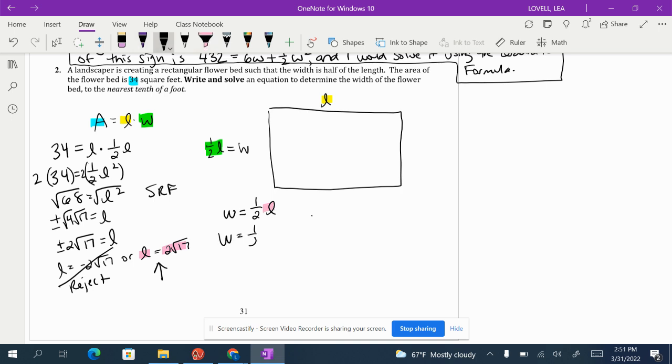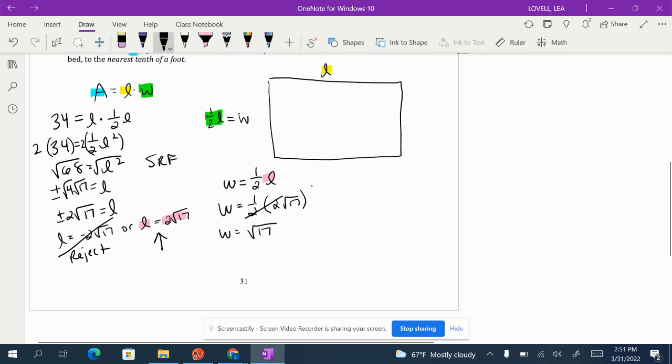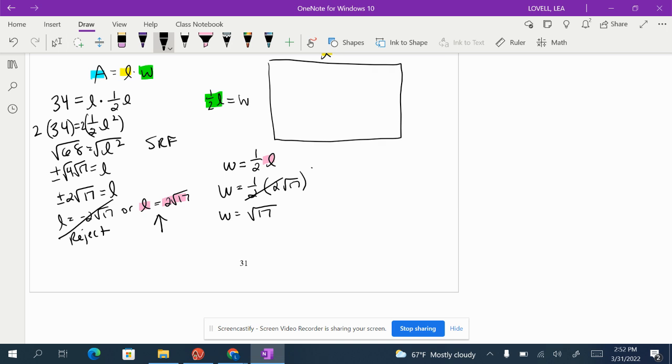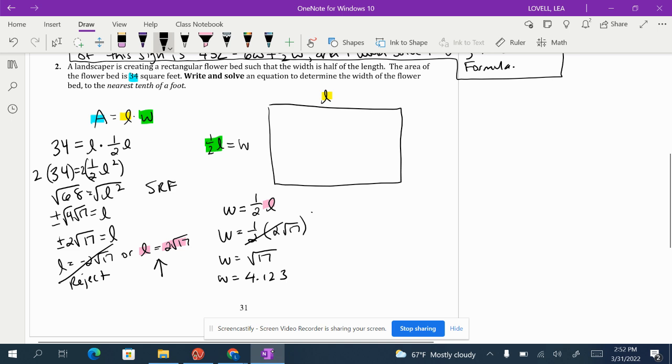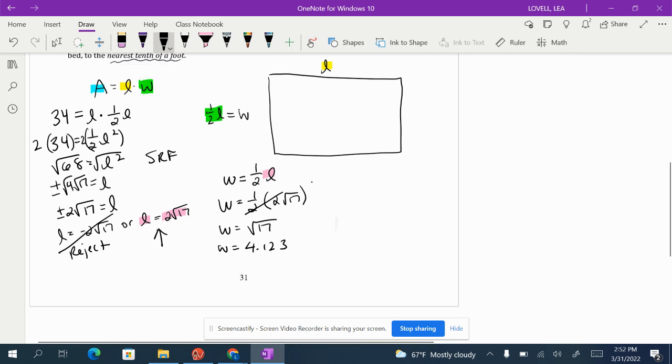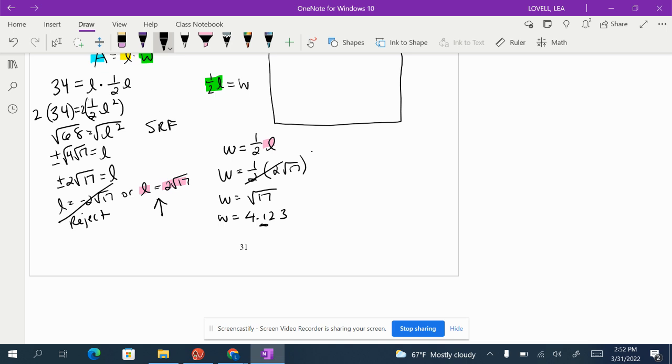W equals 1/2 times 2 square root of 17. 2 divided by 2 is going to cancel, and I will get the width is equal to the square root of 17. Let's find out what the square root of 17 is on a calculator. It is 4.123. Now the problem says that we need to round to the nearest tenth of a foot. So let's round this to the nearest tenth of a foot, which would be 0.1. We have a width of 4.1.